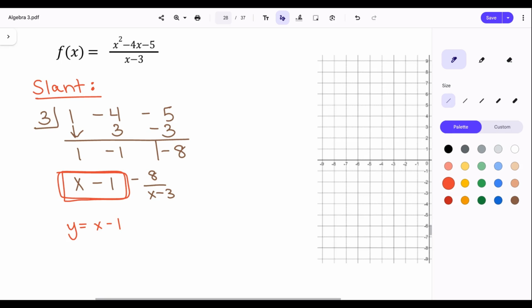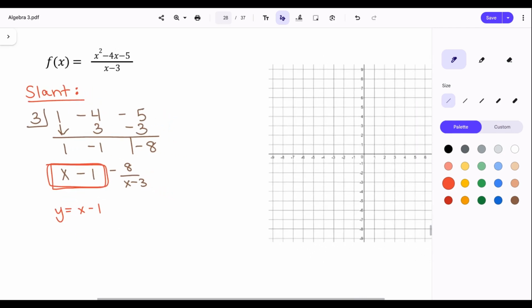So how should I graph that? Start at negative 1. What's your slope? 1 over 1, because remember there's a 1 in front of the x. So you're going to go up 1, right 1, up 1, right 1, up 1, right 1, or down 1, left 1, down 1, left 1, and so on.